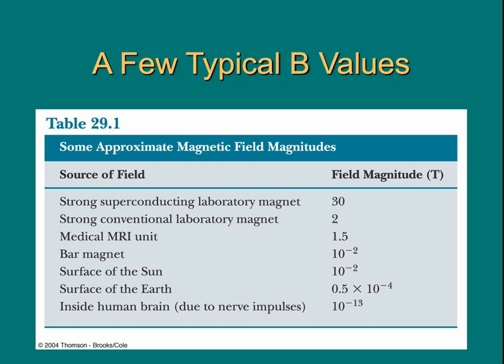All the units we use are Tesla. The Earth generates a magnetic field of 0.5 times 10 to the negative 4 Tesla. And the human brain can also generate a magnetic field. Its strength is 10 to the negative 13 Tesla.